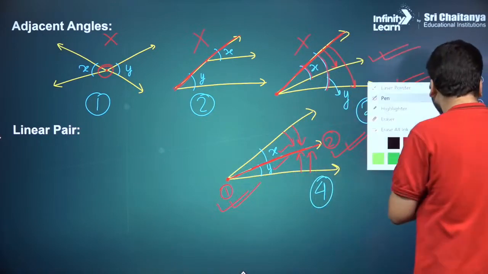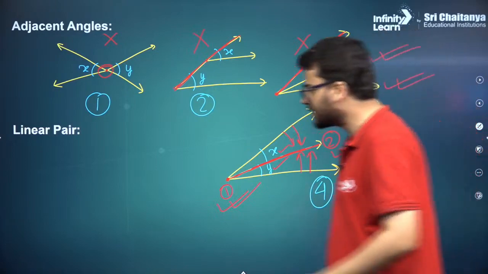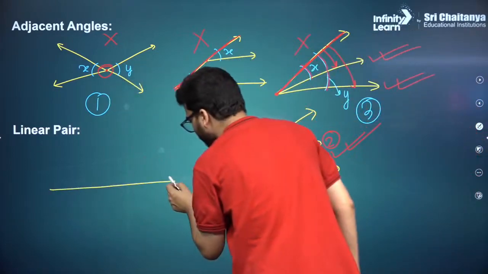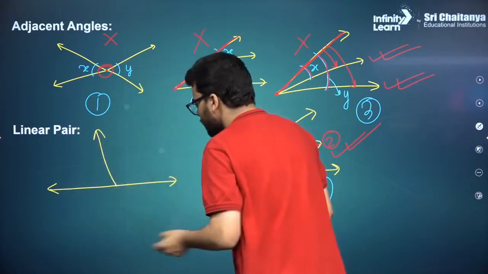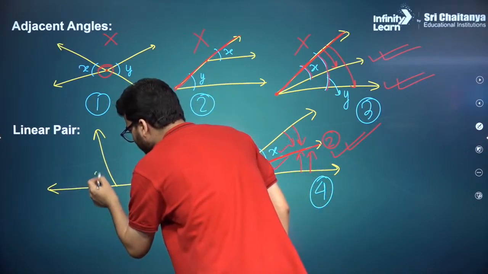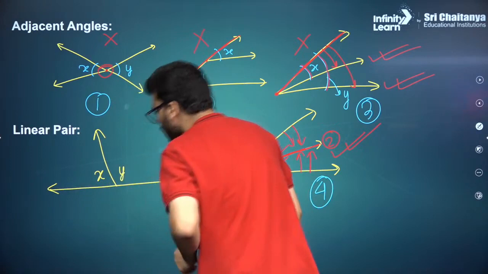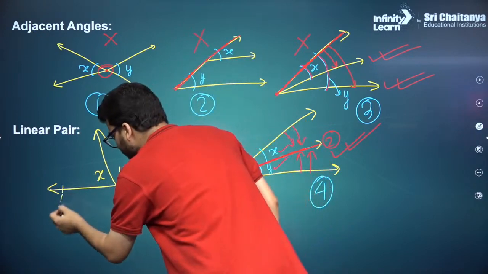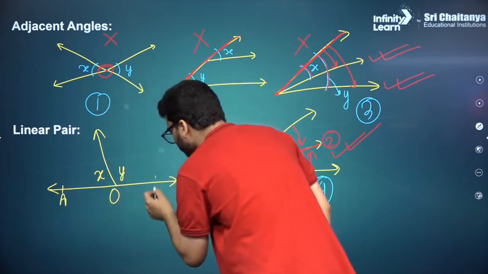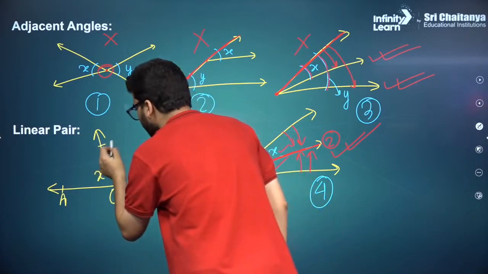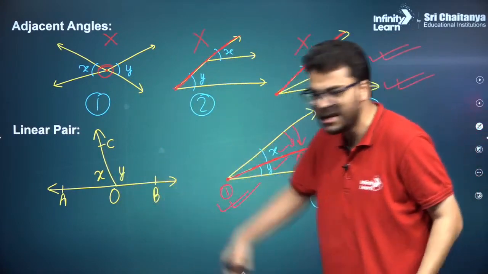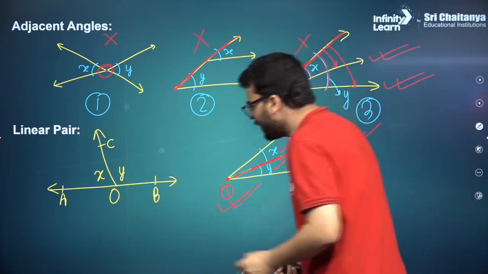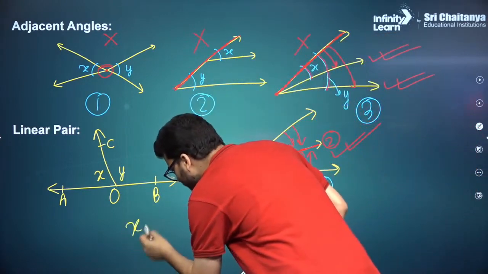See. So linear pair means like this. I'll explain the definition of a linear pair. So suppose this angle is X and this is Y. And suppose this is AB over here, or you may call it AOB or C. So over here, angles X and Y are forming a linear pair when X and Y are adjacent angles.